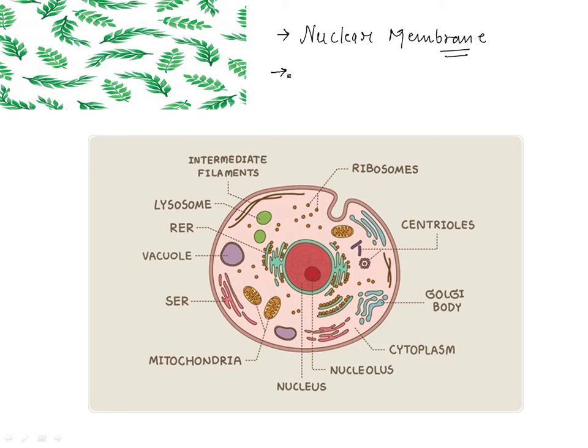And secondly, membrane-bounded cellular organelles are present. What are these membrane-bounded cellular organelles? They are like smooth endoplasmic reticulum, mitochondria, and Golgi complex. These are the membrane-bounded cellular organelles.